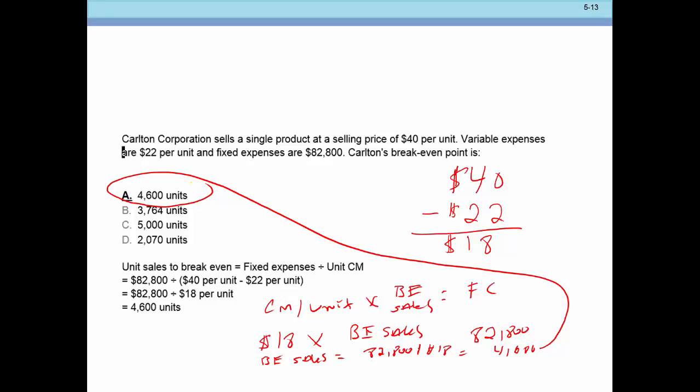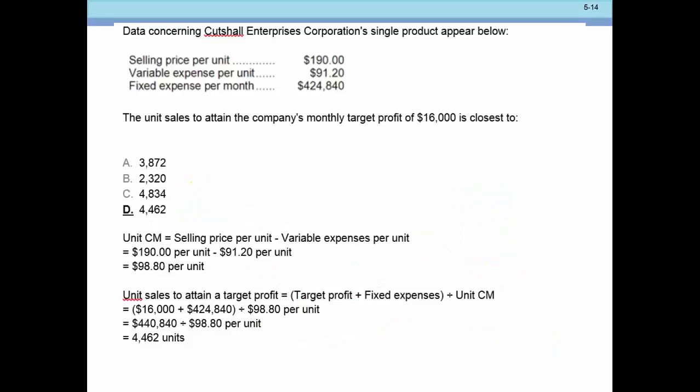Okay, good. Let's see. Another one? This one's got target profit in it, doesn't it? So all I've got to do is add the target profit to the fixed expenses, don't I?